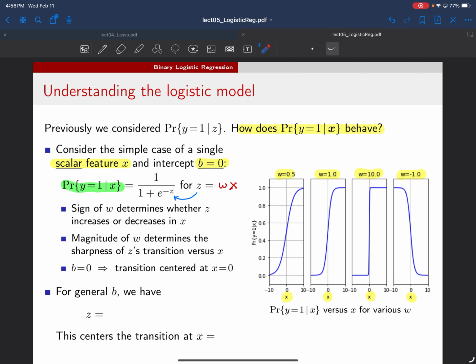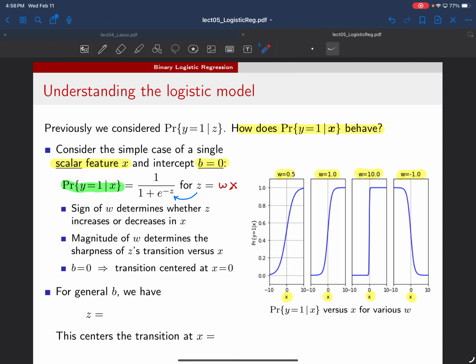If I want a really sharp boundary, where samples on this side of the boundary are very confidently -1 and samples over here are very confidently 1, then I want to use a large w. But if I have a lot of samples on the boundary and it's not really clear what class I should use, then I would want something soft, which corresponds to a smaller w.